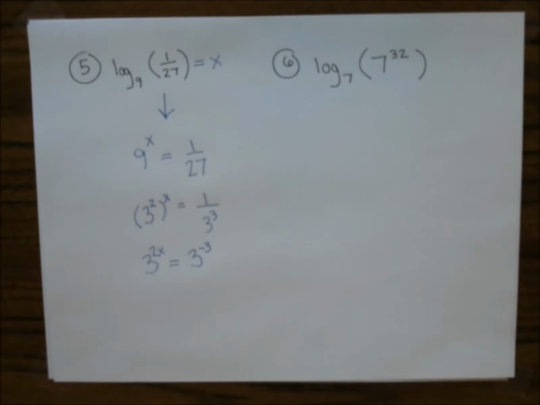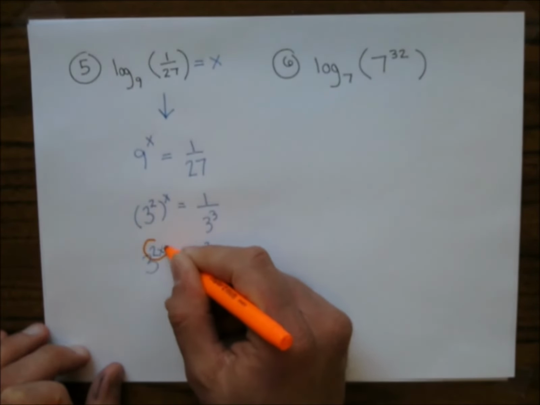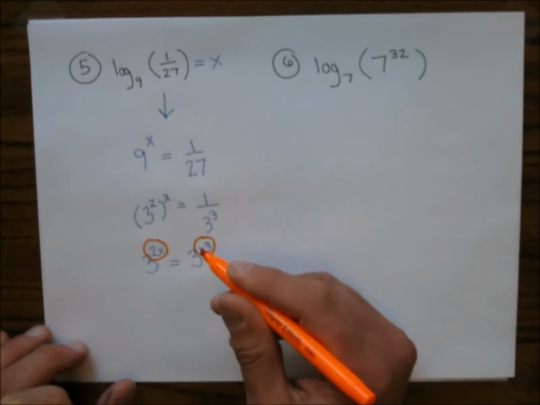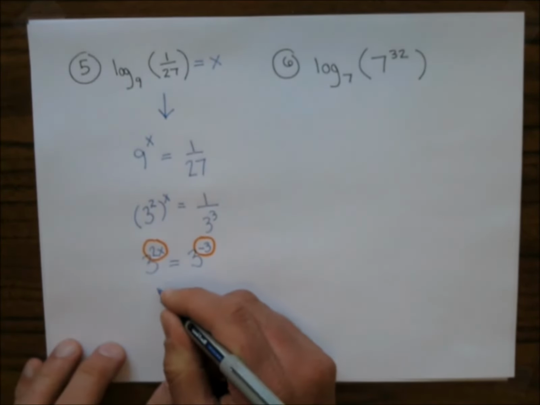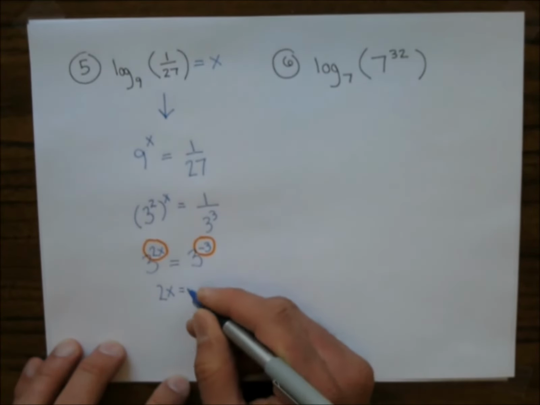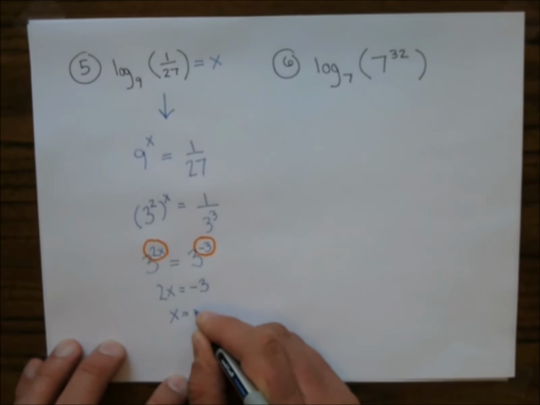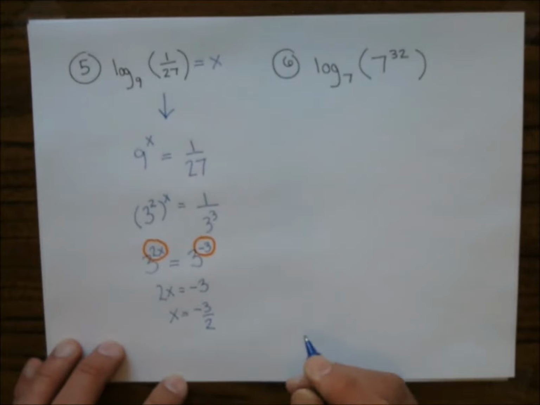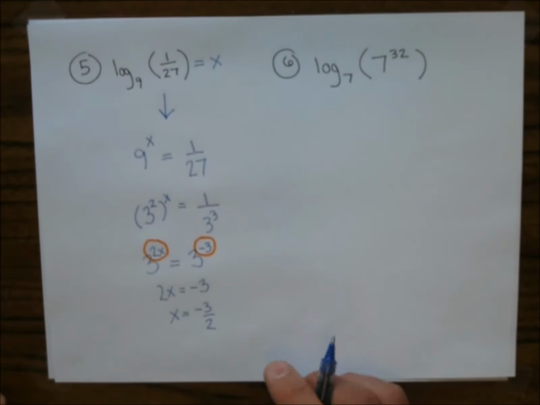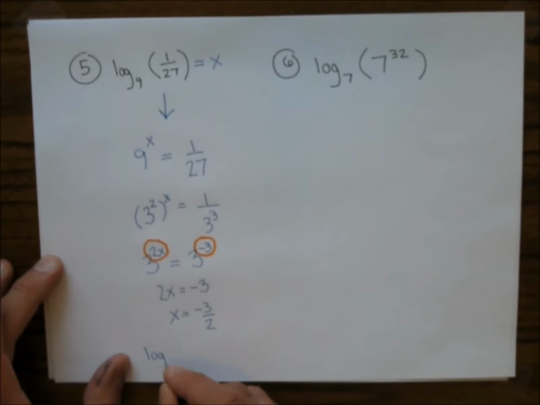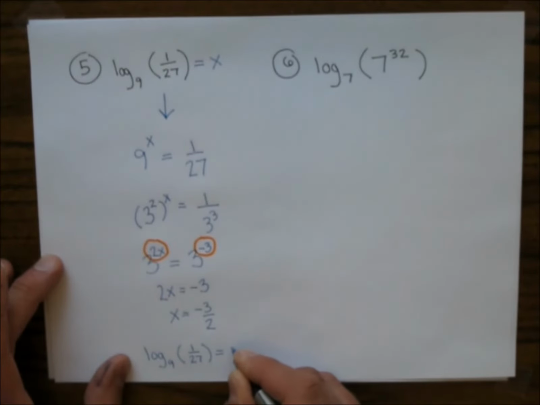Okay, so now we have 3 to this equals 3 to that power. I'm going to take the this and that, set them equal to each other. I'm going to divide by 2. And there is my answer. Log base 9 of 1 over 27 equals negative 3 halves. Negative 3 halves is the answer.